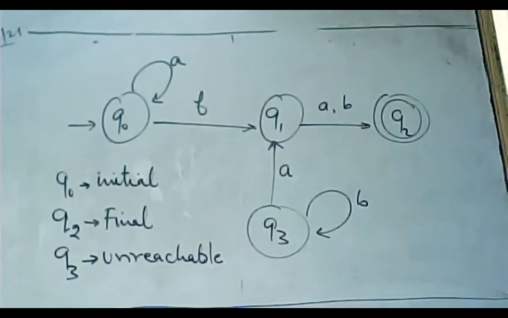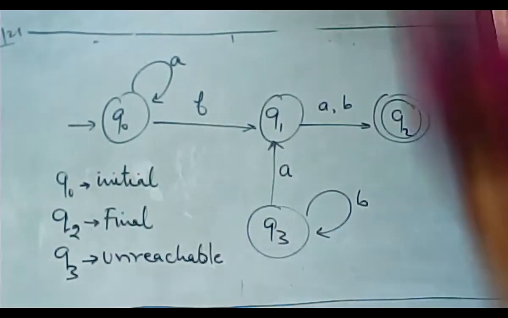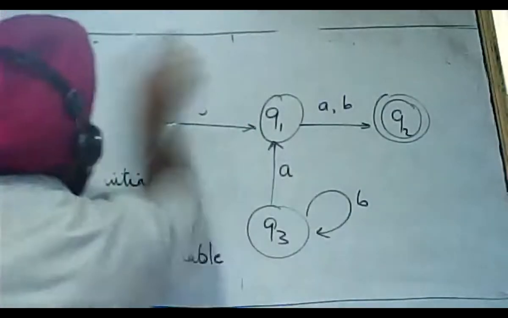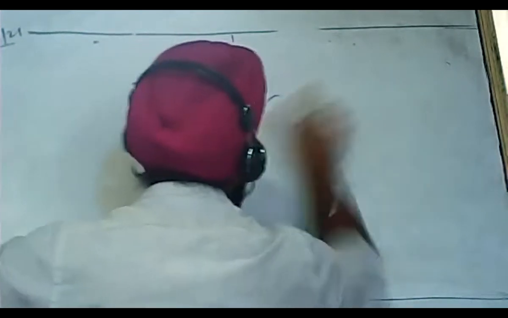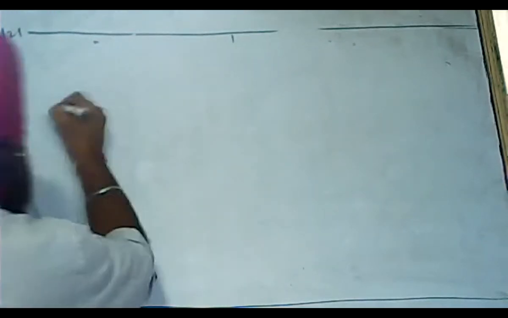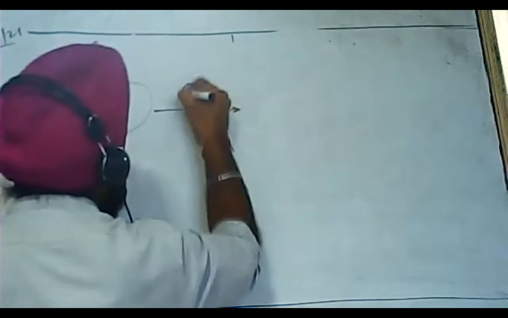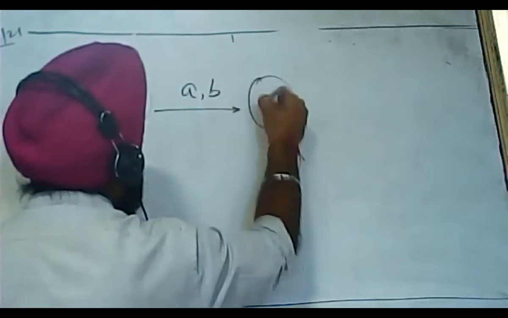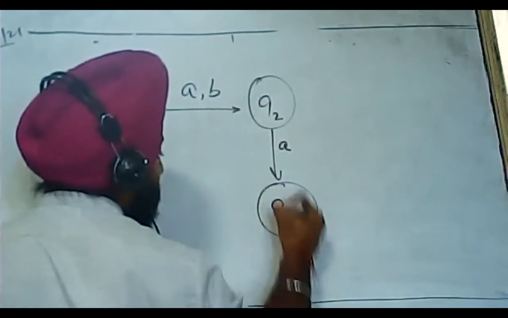Let me clear this point to you. Let me show the example for a dead state, sink state, or trap state. First of all, a dead state is a non-final state. Here Q1 is the initial state. Upon the processing of A, B, it goes to Q2, and Q2 upon the processing of A goes to Q3.